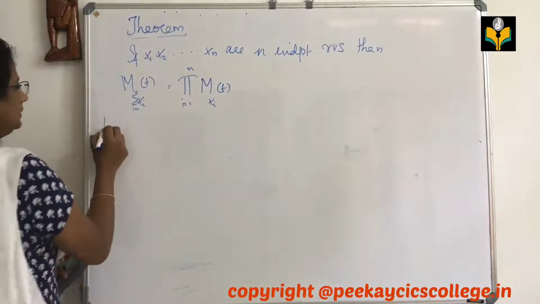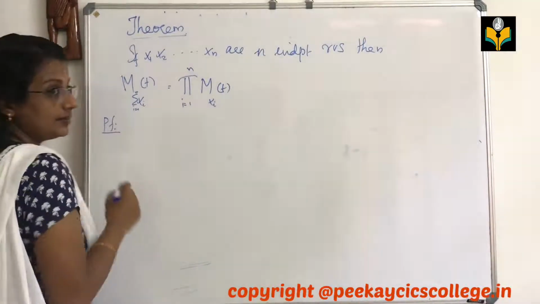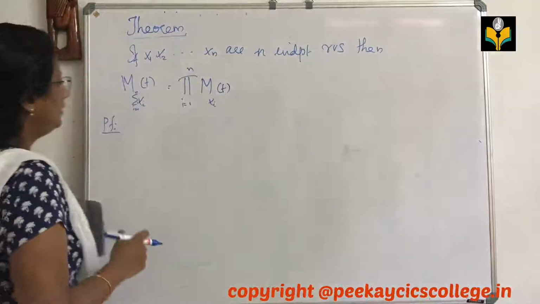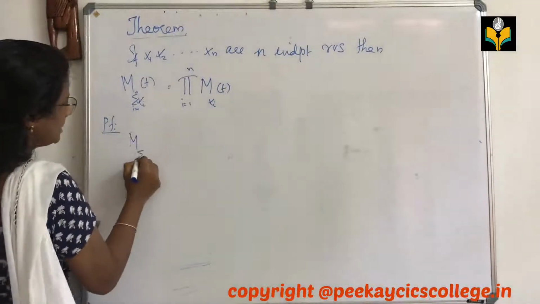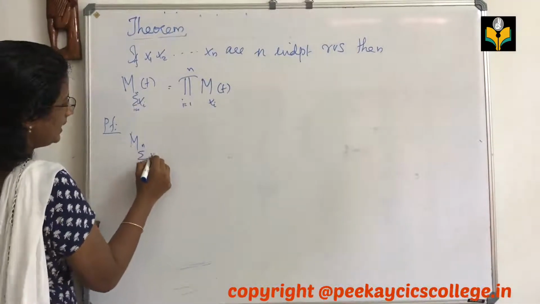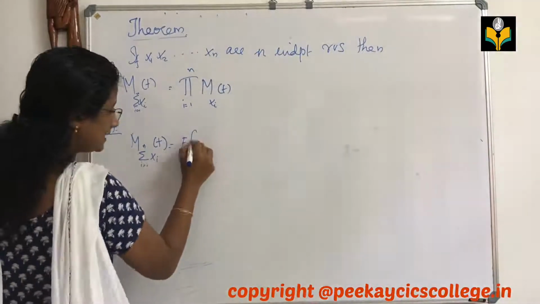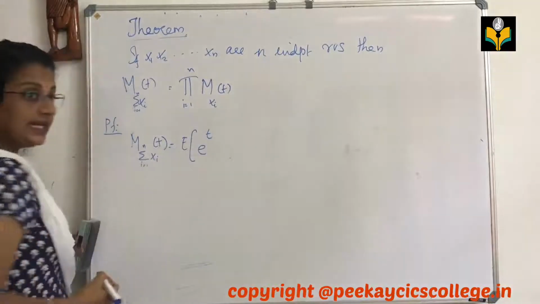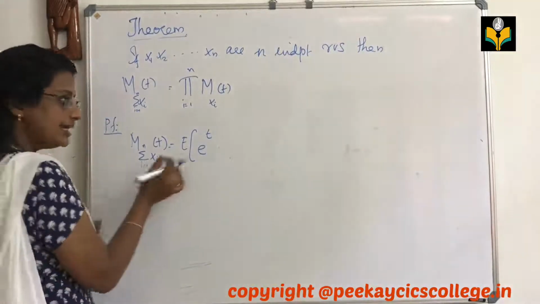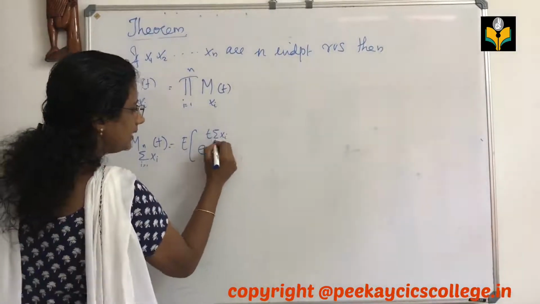Here we take n random variables, and the n random variables are independent. M of summation i from 1 to n Xi of t, by definition, we can write as expectation of e raised to t, instead of X we write summation Xi, i from 1 to n.